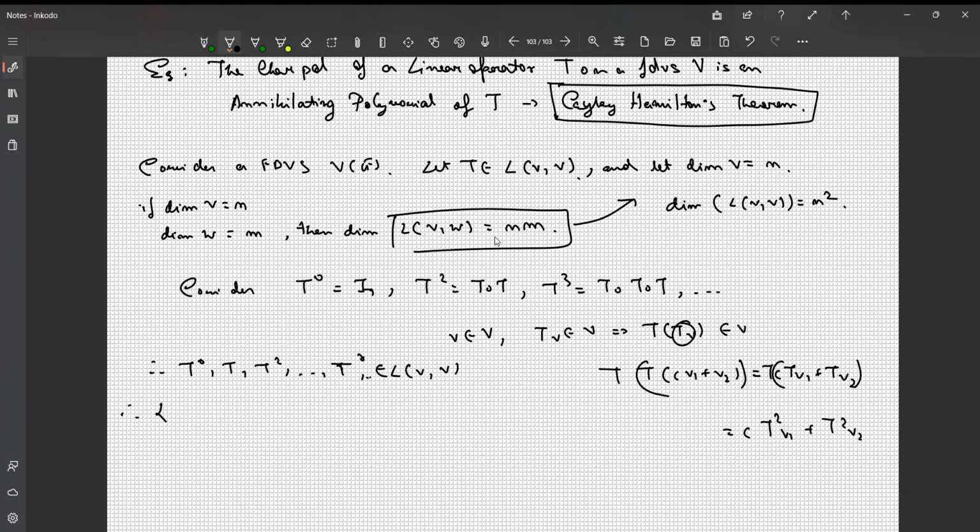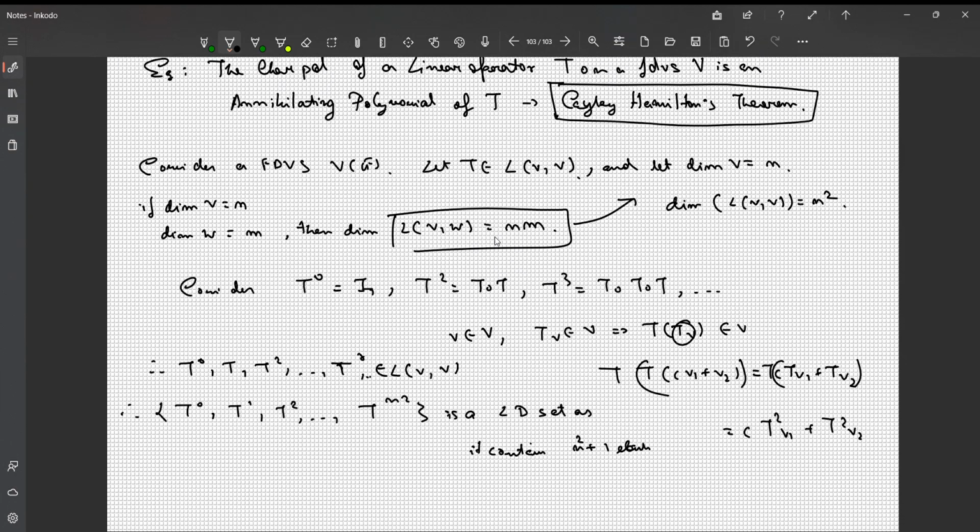Therefore this collection T^0, T, T squared, and so on till T to the power n squared is a linearly dependent set, as it contains n squared plus 1 elements.